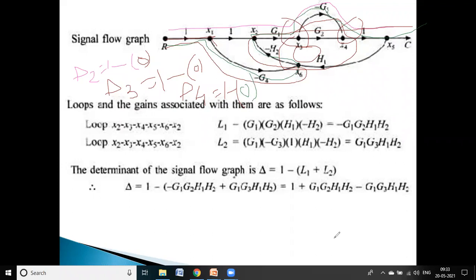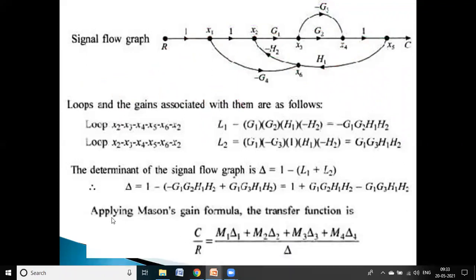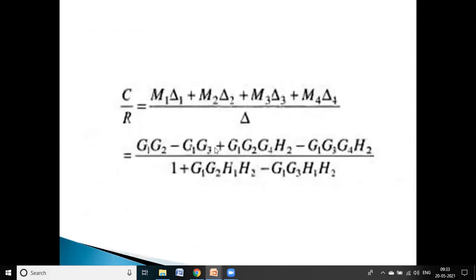Now directly substitute these values. This is our Mason's gain formula: M1 delta 1, M2 delta 2, M3 delta 3, M4 delta 4 by delta. Directly substitute, you will get the transfer function. Is it clear? Anybody having doubts?